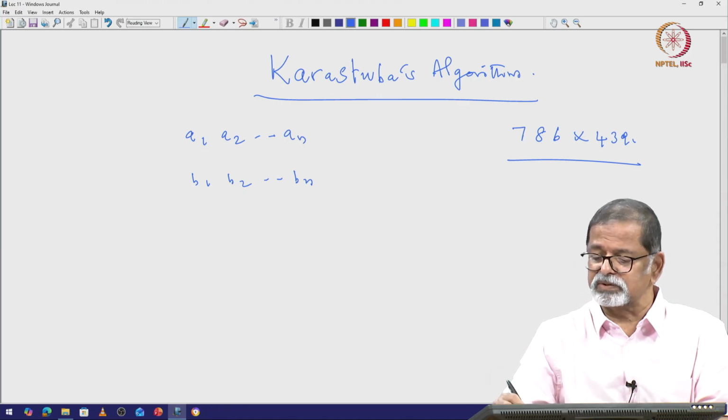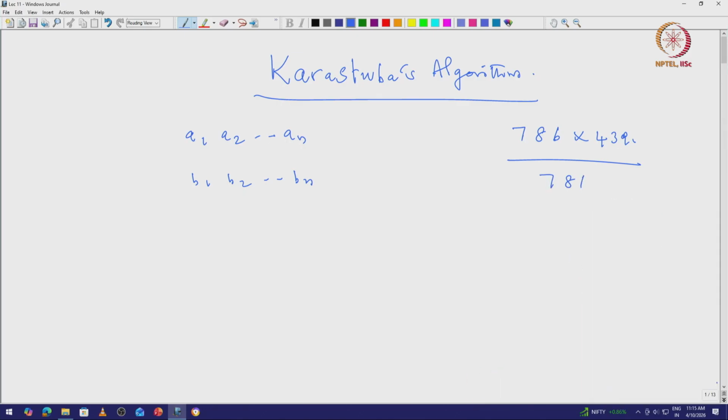So first you write 786 and 439. First you multiply by 9 and then multiply by 3 and then multiply by 4. The high school method is very simple: digit by digit you multiply and add all the individual results.